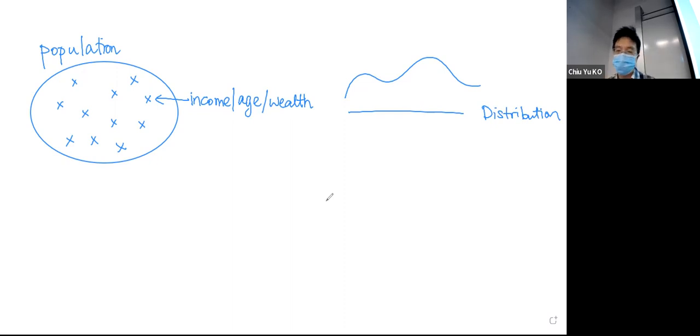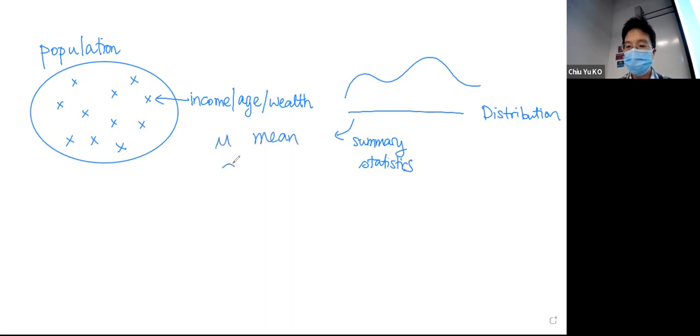So usually what you look at is rather the summary statistics. You would be hoping to get information on the mean, the variance sigma squared, and many other things as well.